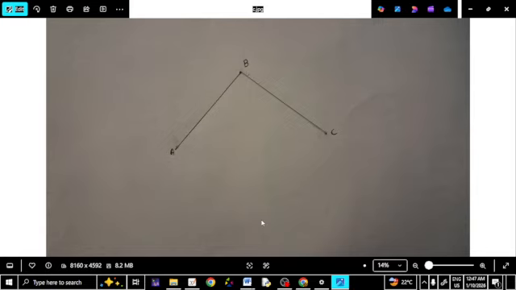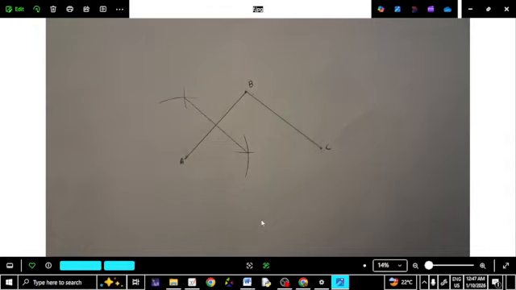I will keep my compass on the point A and draw an arc on either side of the line segment. Next, I'll keep my compass on the point B and draw arcs on either side of the line segment AB. Then I will join the intersection of these arcs, which will give me the perpendicular bisector of the line segment AB.